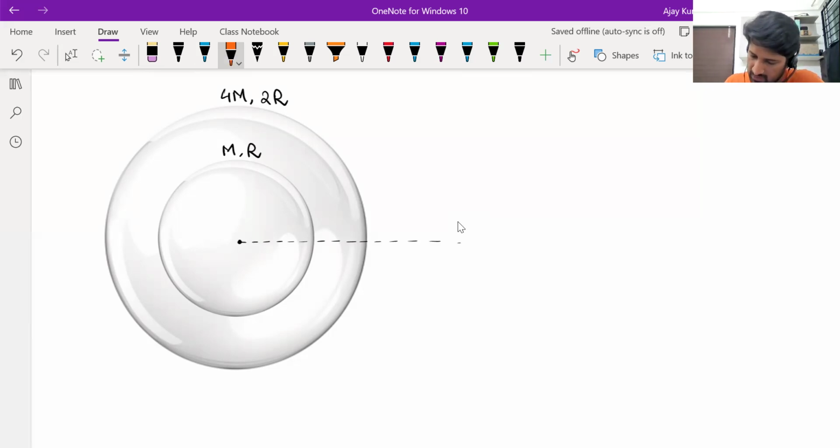So one point is here, A. Another point is here, B. And the third point you can take is here, C. Where is A? A is at a distance r by 2 from the center. Where is B? r plus r by 2, 3r by 2 from the center.